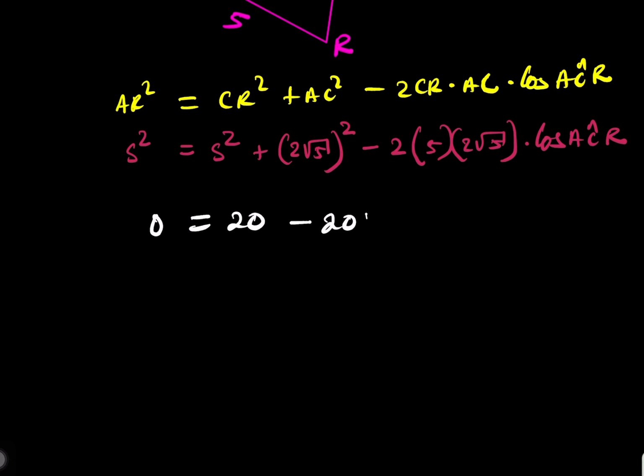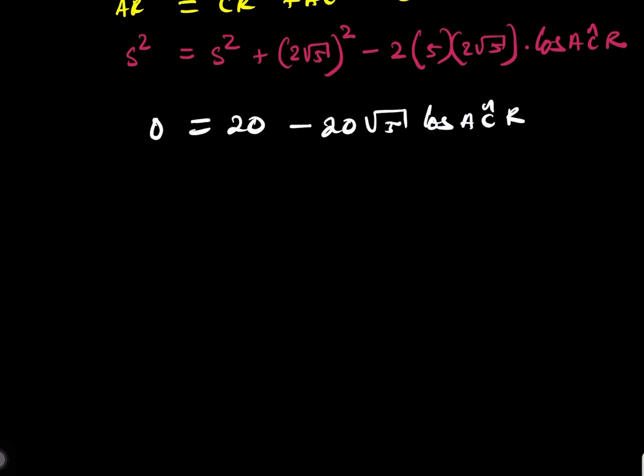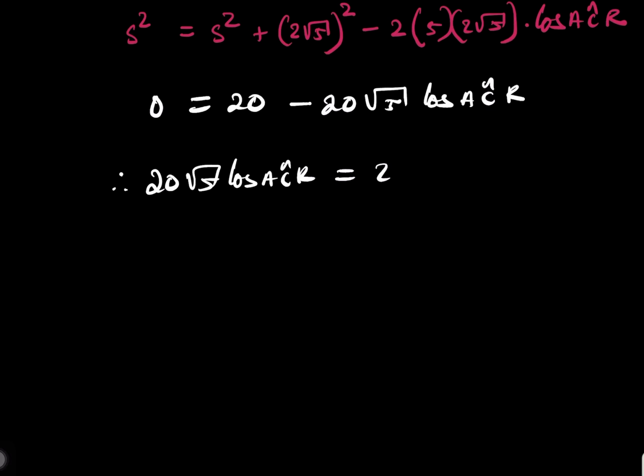So this is 20 square root of 5 times cos of ACR. Let's just take that one this side. So this is going to be 20 root 5 cos of ACR is equal to 20.